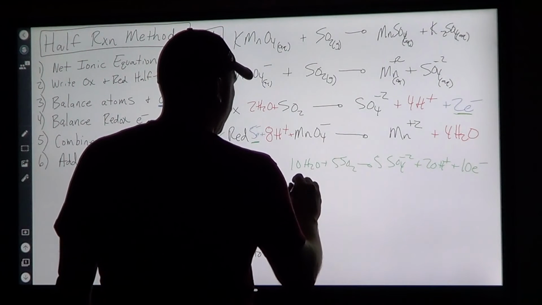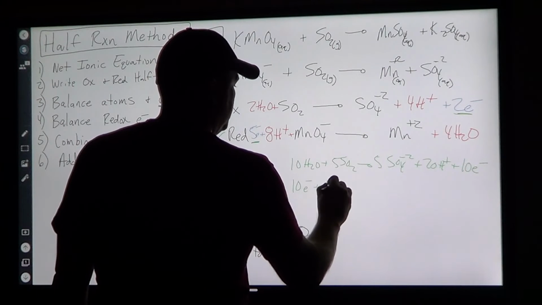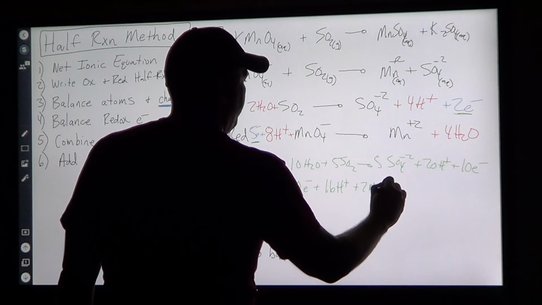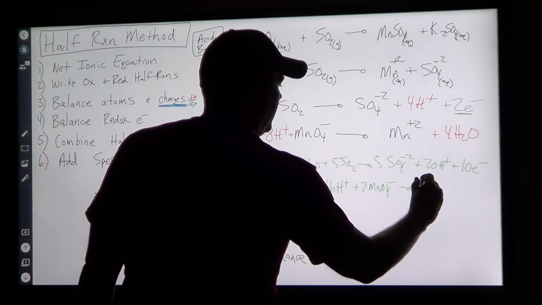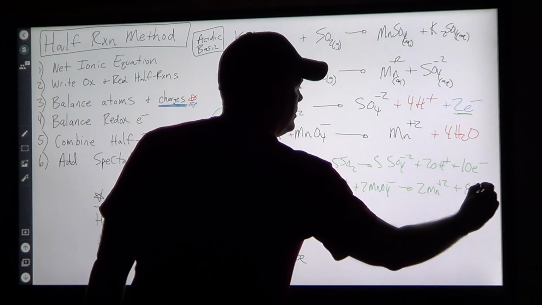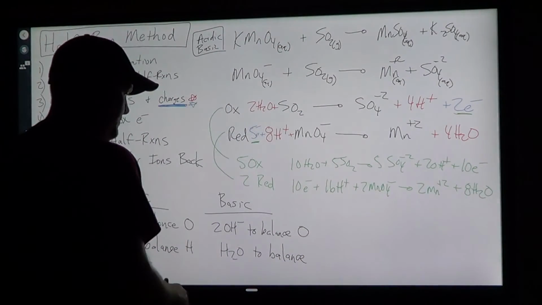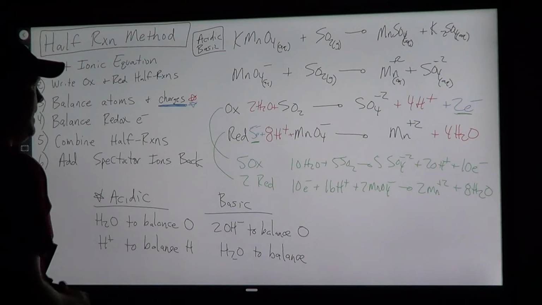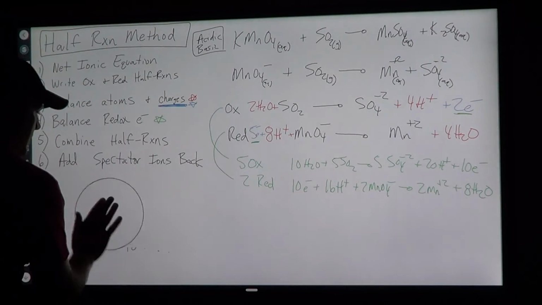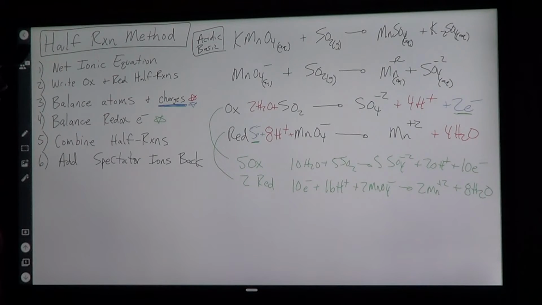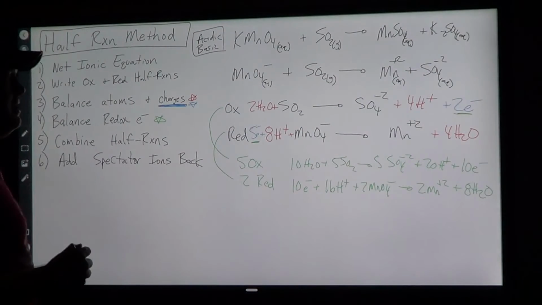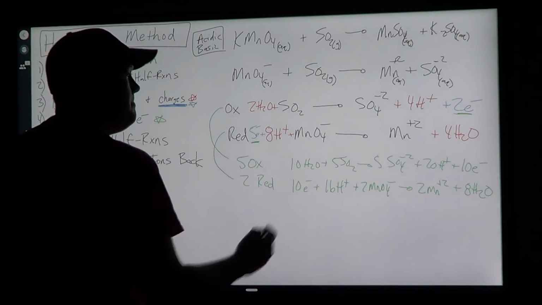So we get 10 electrons plus 16 H+ plus 2 MnO4- makes 2 Mn2+ and 8 H2Os. Okay, so that is how we balance the redox electrons. Because this one was oxidizing by 2, this one was reducing by 5, so we have to balance them.